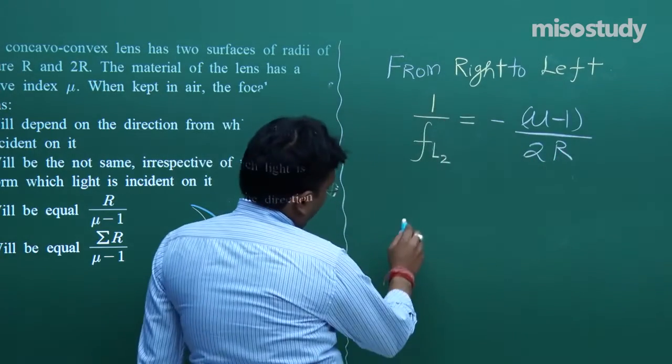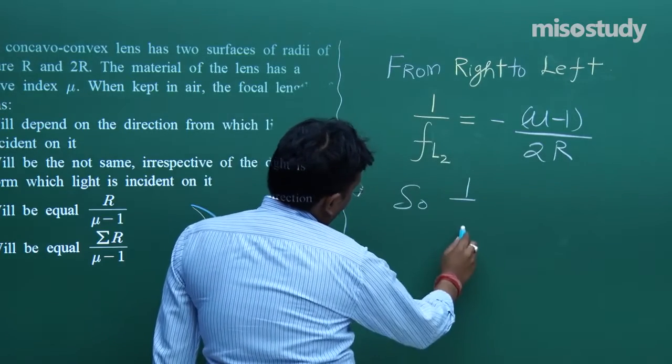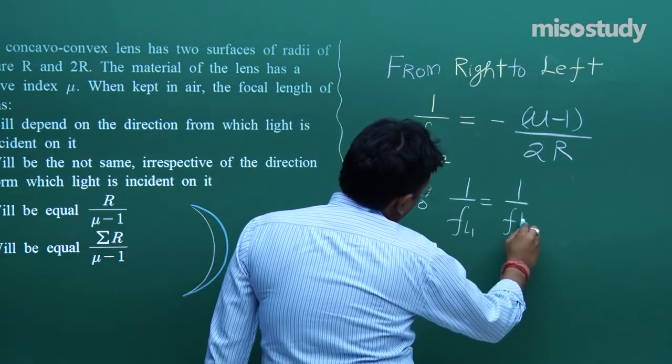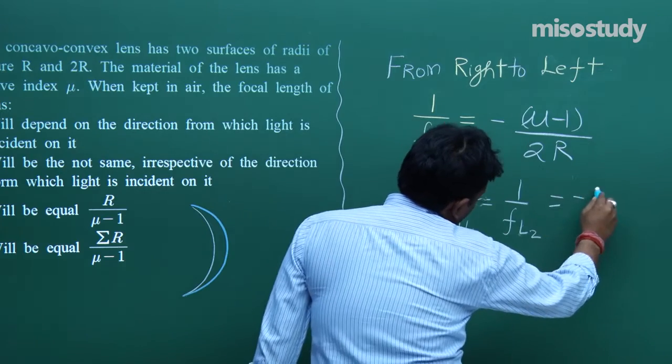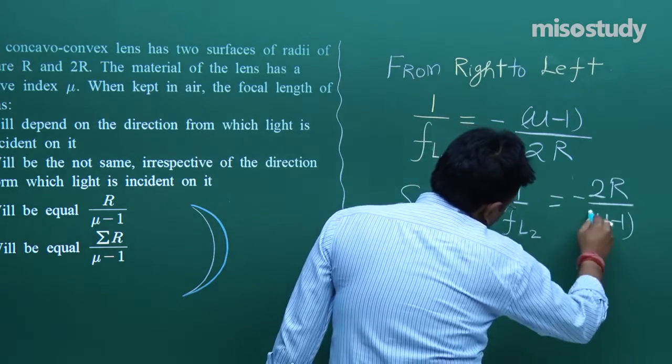Fine. So, 1 upon FL1 is equal to 1 upon FL2, that is minus 2R upon (mu minus 1).